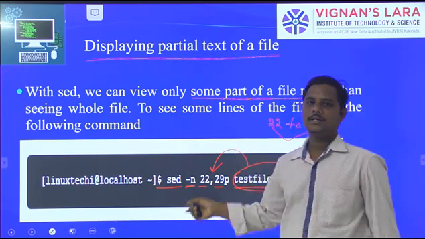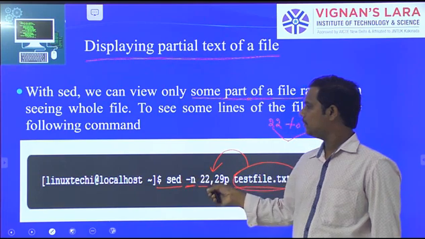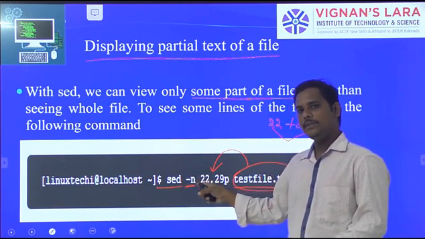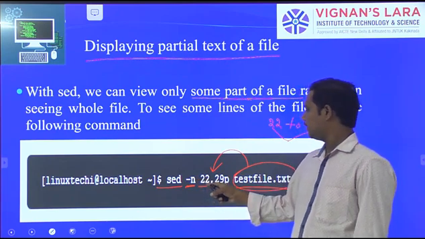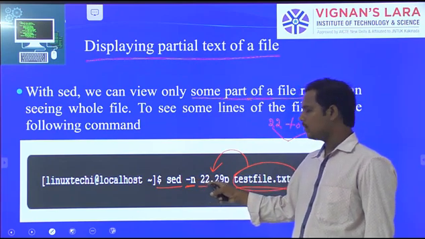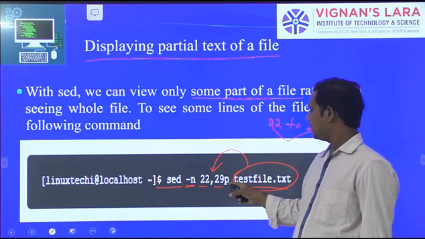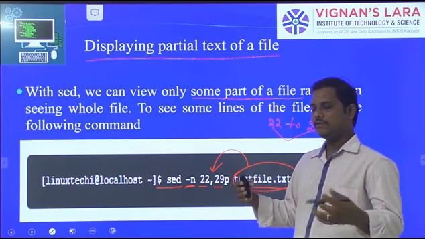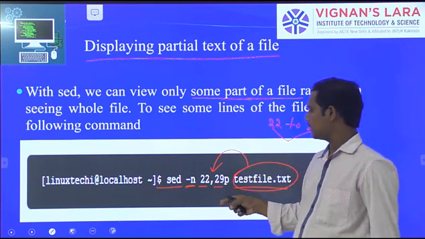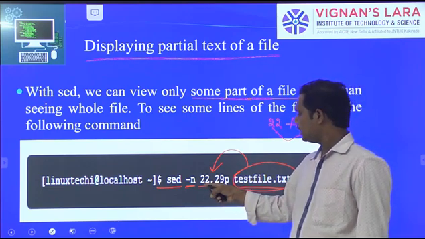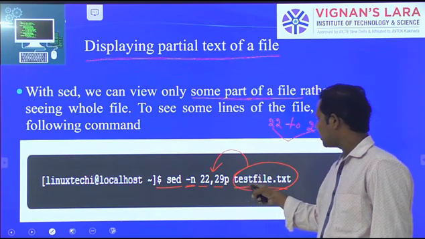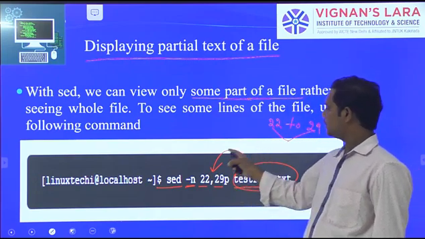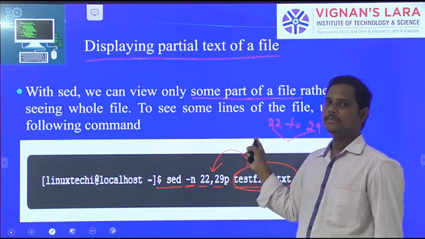We can use the sed command; it is very simple. sed, space, option n, where n means number of lines. Which lines? 22nd line to 29th line. Here p means print. The file contains a number of paragraphs, so only the 22nd to 29th lines of the particular input file are displayed as output.